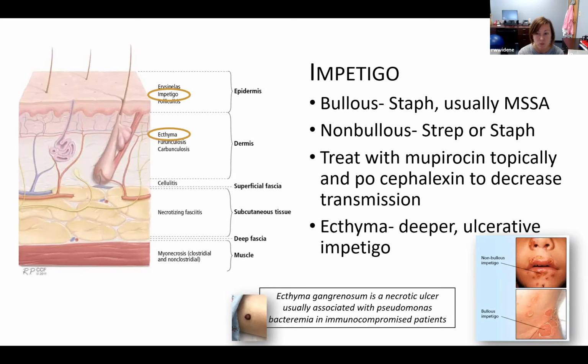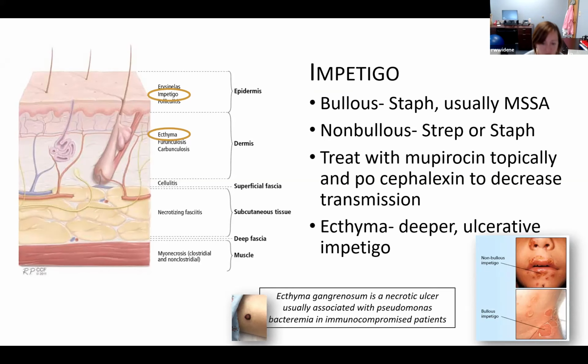The mupirocin will get MSSA and MRSA, as well as strep. The cephalexin will get your strep and get your MSSA. Of course, it's not going to get your MRSA, but that's why we said usually these things aren't MRSA, they're MSSA.